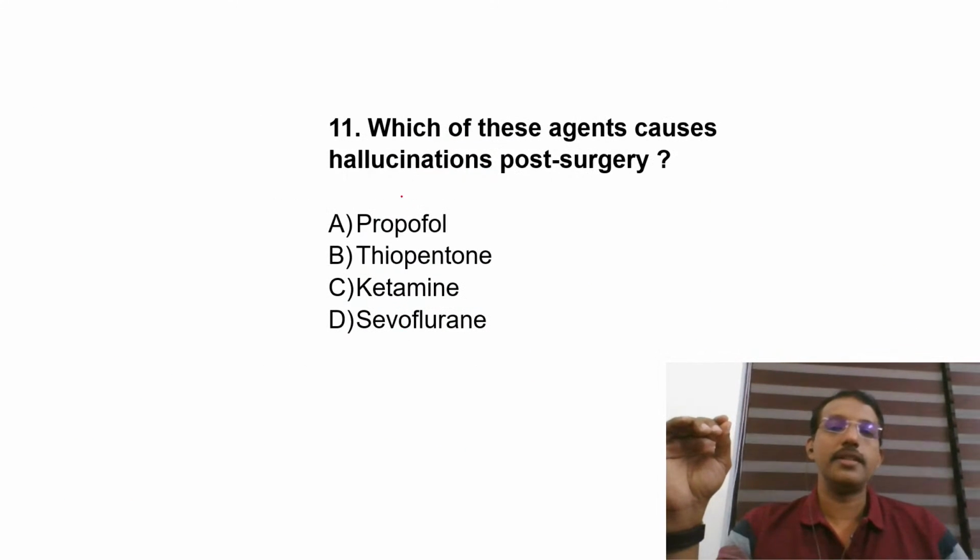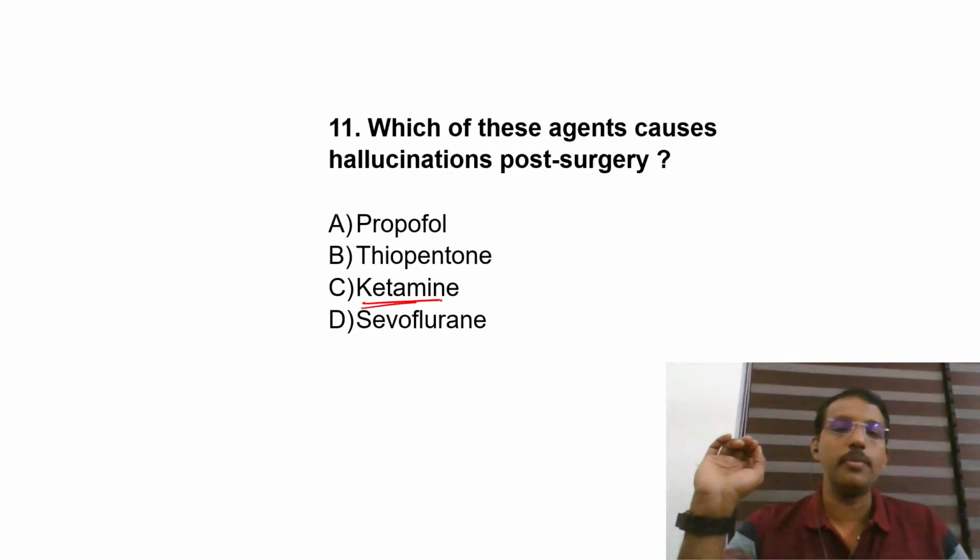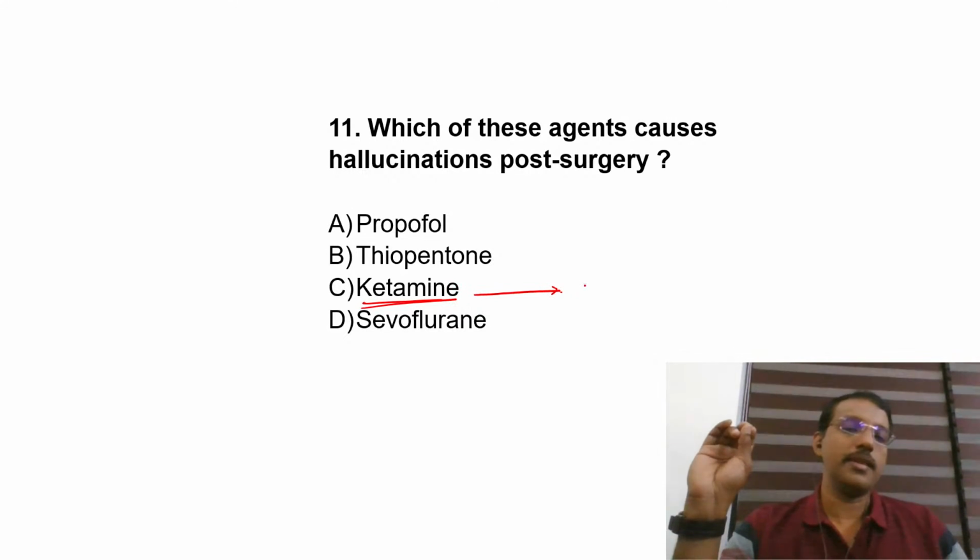So hallucinations post surgery, all of you have got it right. I didn't even get a single wrong answer, so I'm very happy. Everybody knows that ketamine acts at the subthalamic level on NMDA receptors and produces what is known as dissociative anesthesia.